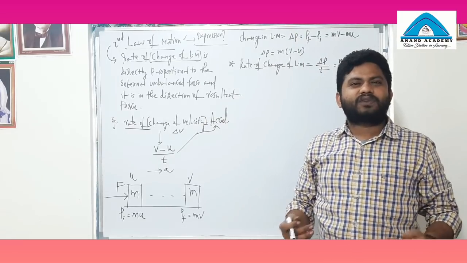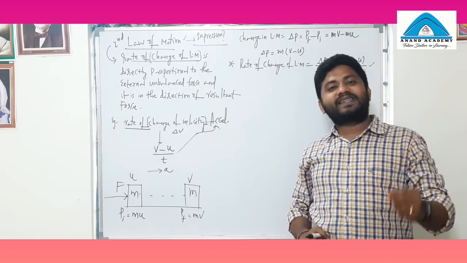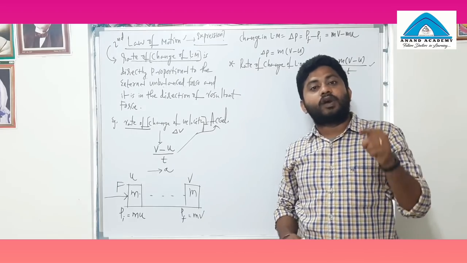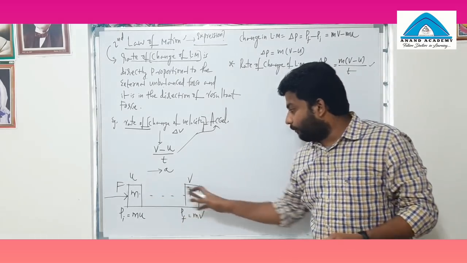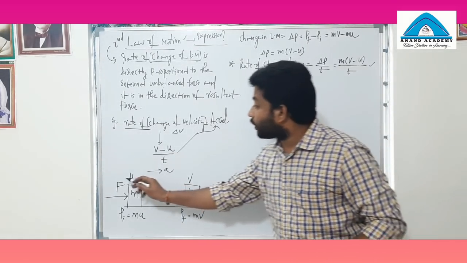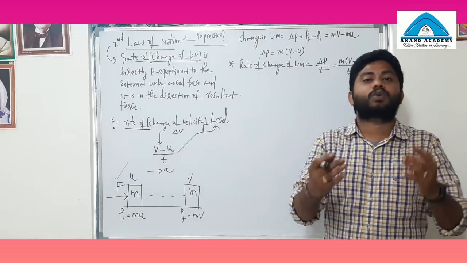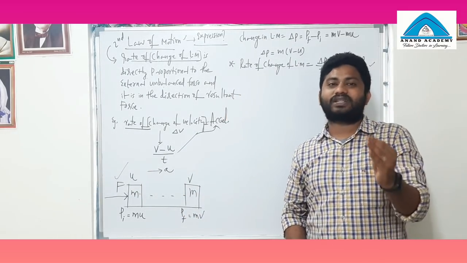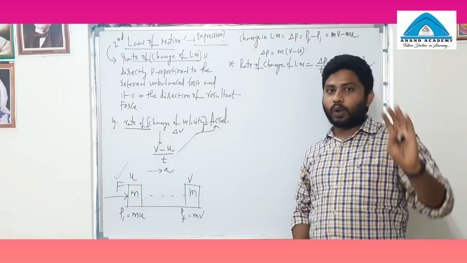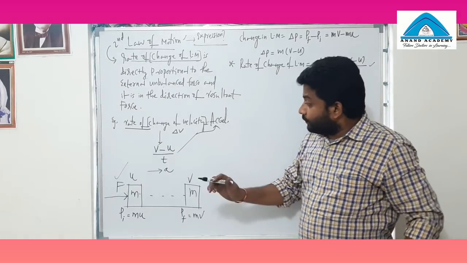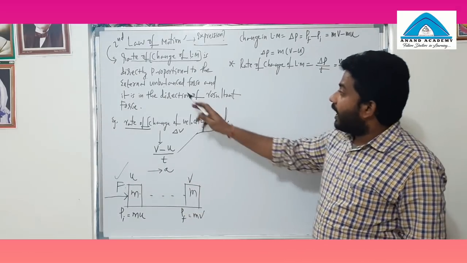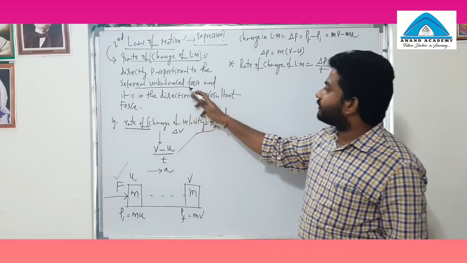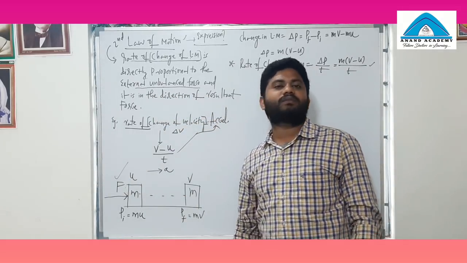So that's the concept of dynamics. Dynamics is the branch of physics in which we study the motion of a body by considering the cause of the motion. What's the cause of the motion? The cause of the motion is force. Okay, clear? So, this is the external unbalanced force.